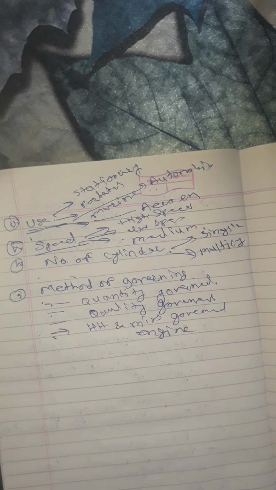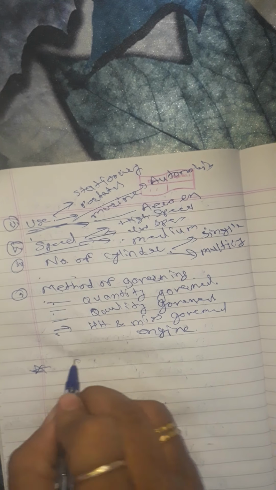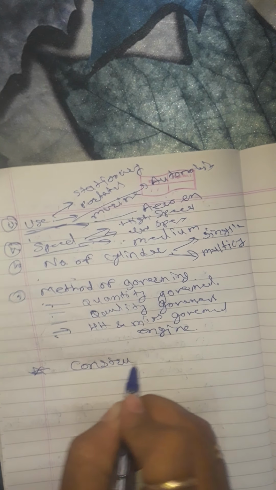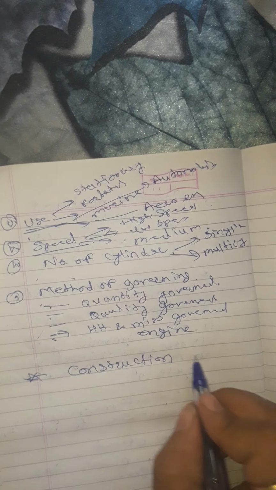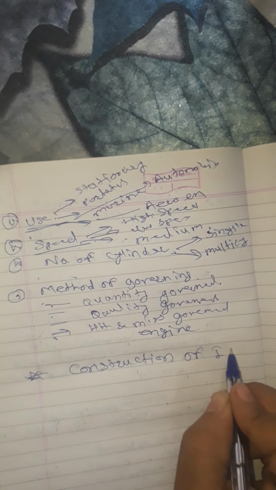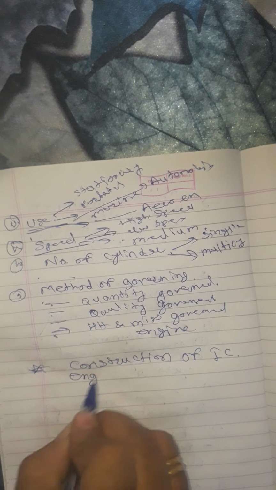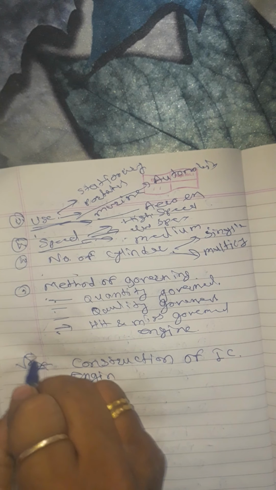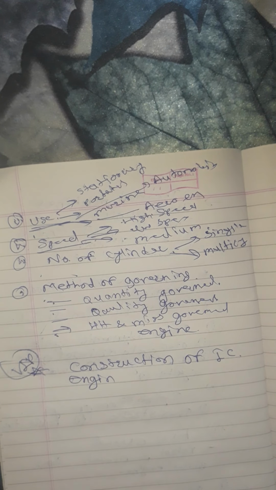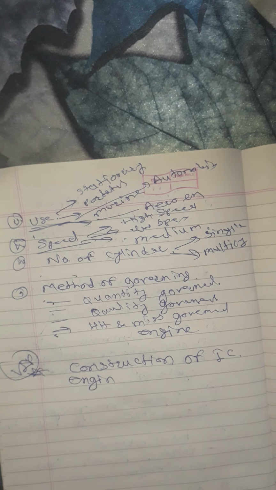In the last lecture we discussed the construction of IC engine. This is a very important question, and it will be asked for 7 or 5 marks in your examination.